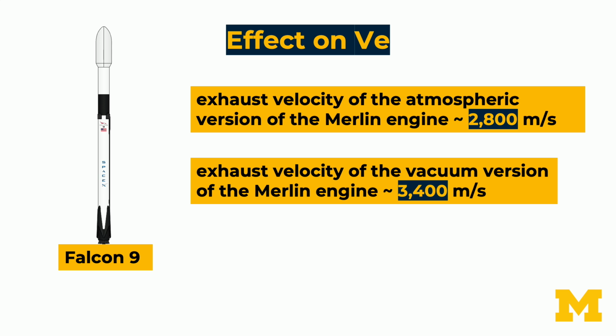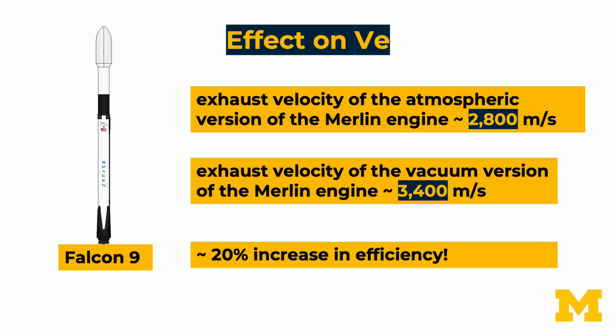The second stage uses a vacuum version of the Merlin engine, and that is about 3,400 meters per second. So you get about a 20% increase in efficiency just by using different engines on the ground versus in space. That's one of the reasons why you do two stages.